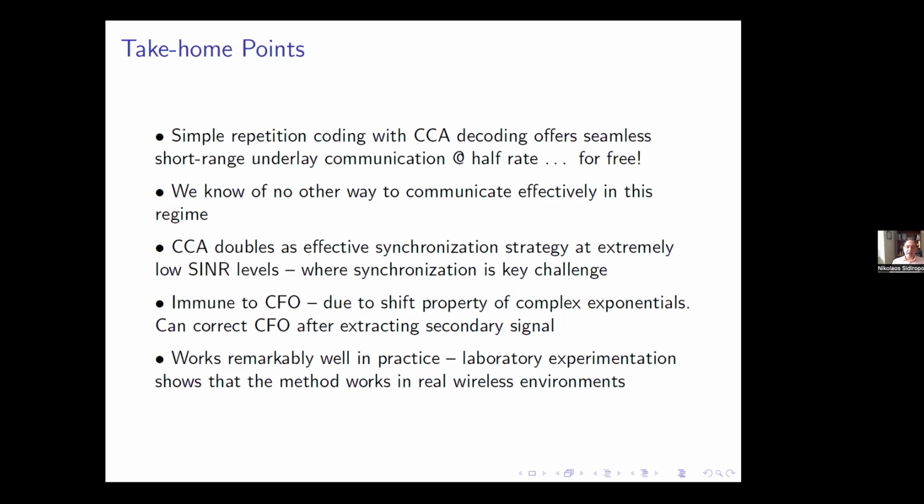It doubles as an effective synchronization strategy, even at extremely low SINR levels, where the Achilles heel of the system is synchronization. It is also immune to CFO due to a beautiful shift property of complex exponentials, which I didn't have time to explain, but you can correct the carrier frequency offset after extracting the secondary signal. And it works in practice remarkably well, in my opinion one of the very few cases where theory actually predicts laboratory experiments so well.